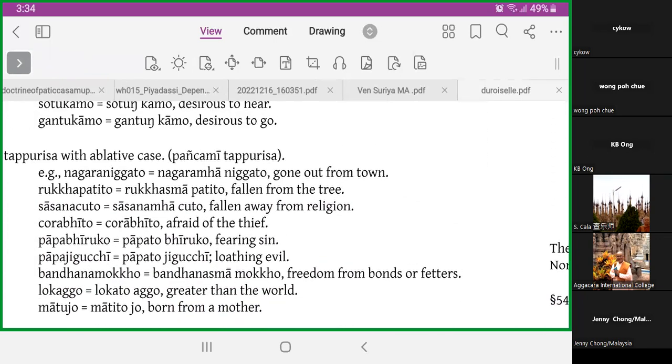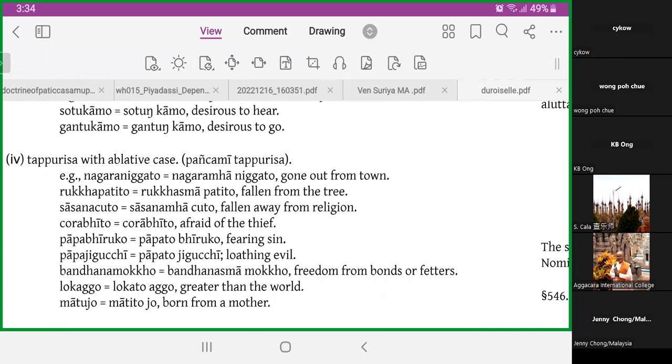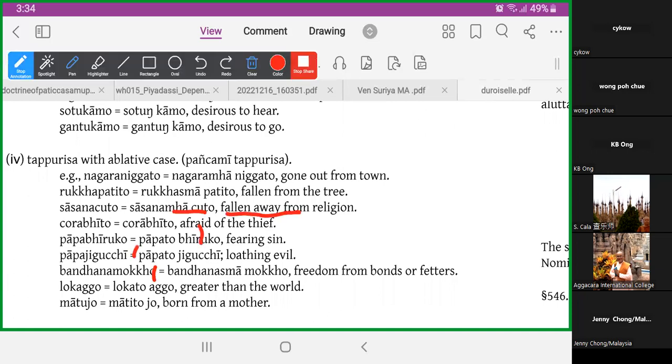Now we come to the ablative case. Ablative case here is called Pancami. Pancami is fifth. Okay, so we read together. Number 4, Tappurisa with ablative case, Pancami Tappurisa.